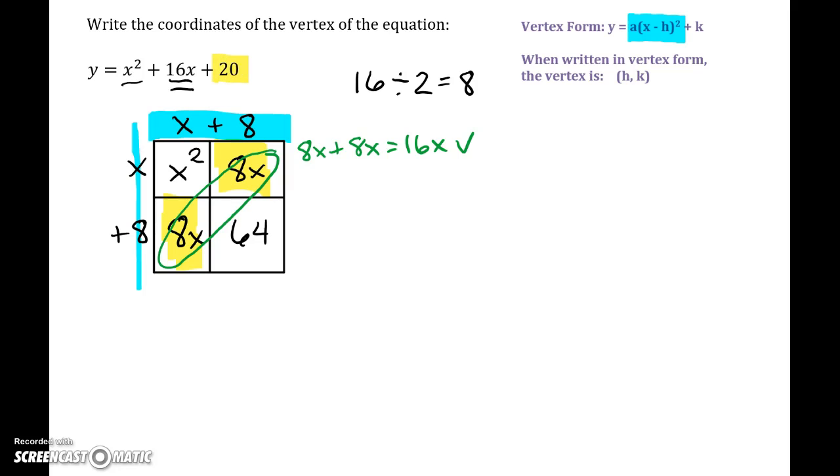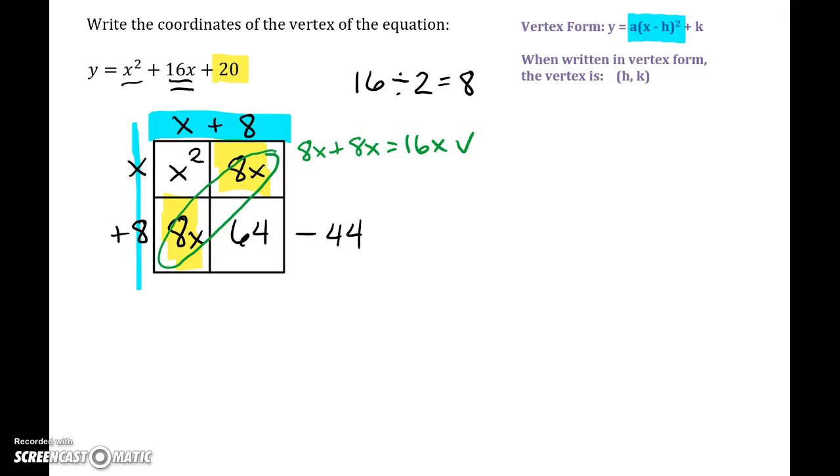So we have to figure out what we need to do to 64 in order to get it to the original 20. You may notice that a quick way to go from 64 to 20 would be to subtract 44. And sure enough, 64 minus 44 is equal to 20.